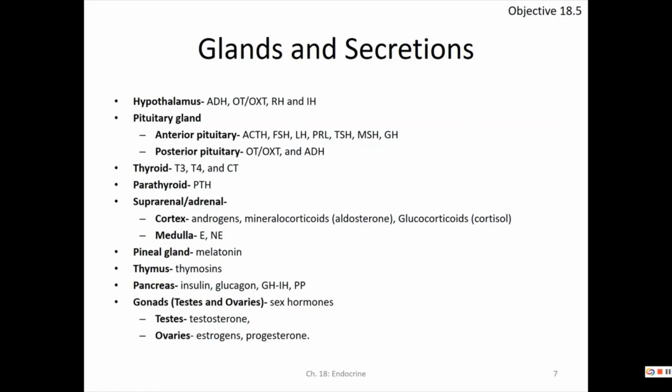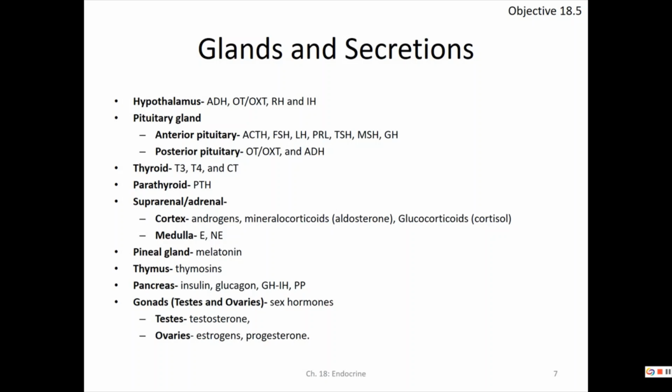Now, pineal gland. The pineal gland is releasing melatonin, which mellows you out and makes you sleepy. Thymus makes thymosins. Very easy to remember that. Thymosins by thymus. It's got thyme in there. Pancreas, we probably all know that pancreas makes insulin.